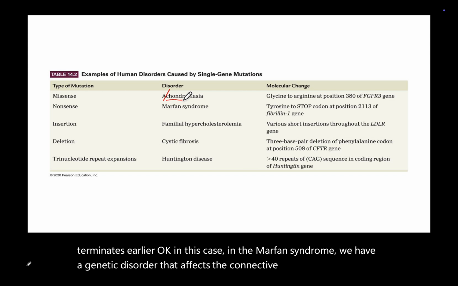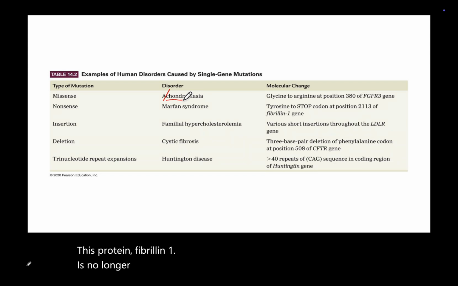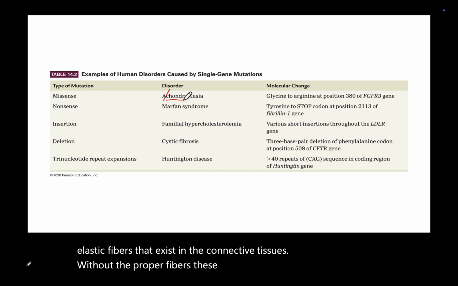And here, this protein, fibrillin 1, is no longer produced. This protein is very important for the elastic fibers that exist in the connective tissues. Without the proper fibers, these connective tissues don't execute their function.